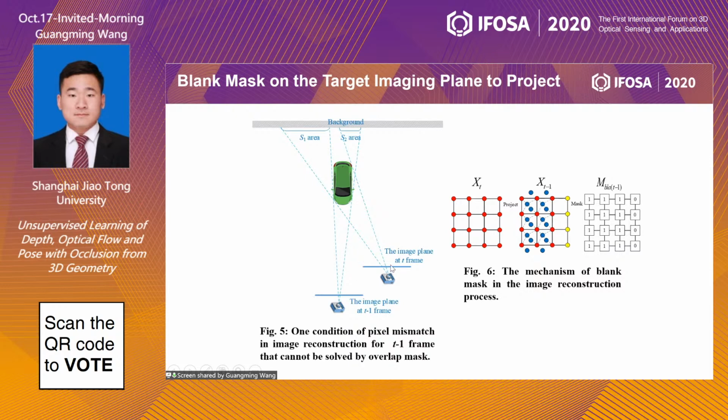But we can solve this problem by projecting the pixels at T frame to T-1. The pixels in the SCR cannot be seen at T frame. So when the pixels at T frame are projected to T-1, there will be holes, like the yellow points, that have no matched pixels. So these pixels should be masked.